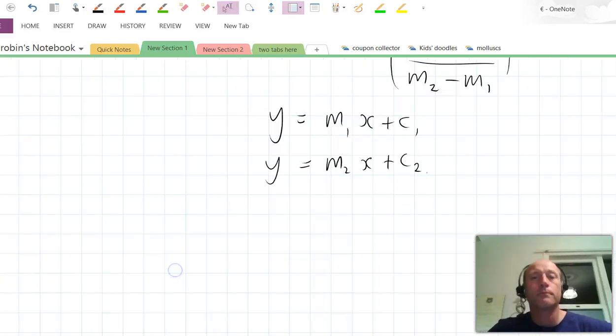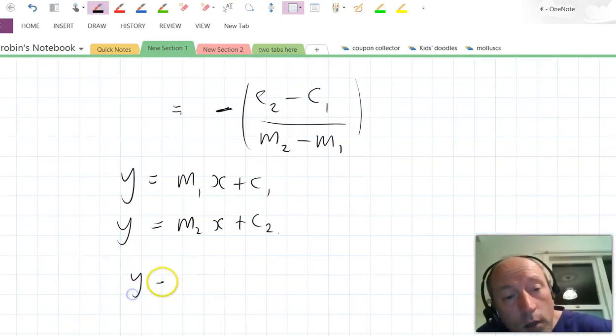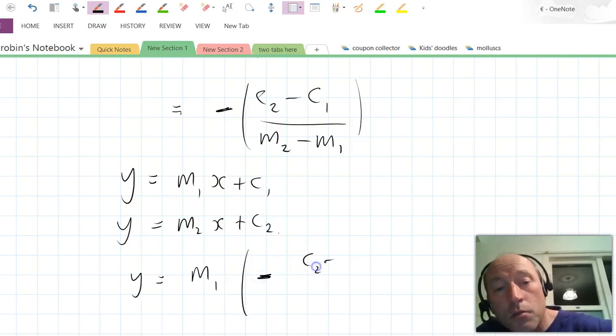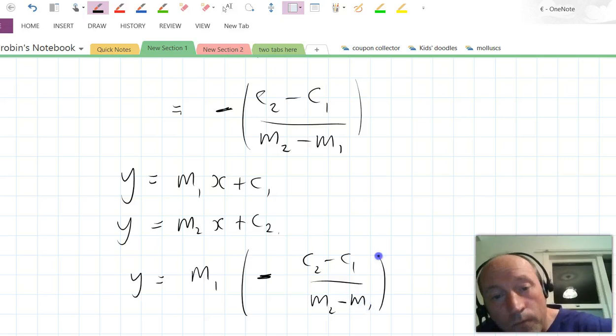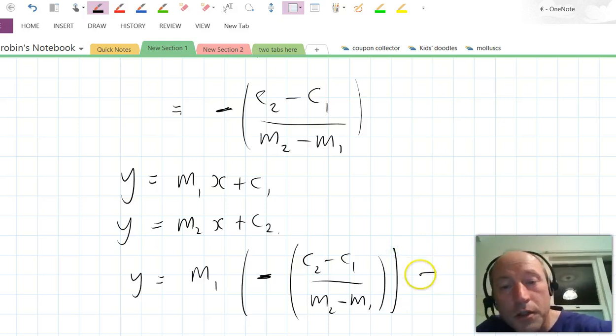Okay, well, let's check it out. Let's see what happens if I just substitute it in. So y equals, from the first line, m1x, and we know what that is. It's minus (c2 minus c1) upon (m2 minus m1), that formula there just being this one here, plus c1.